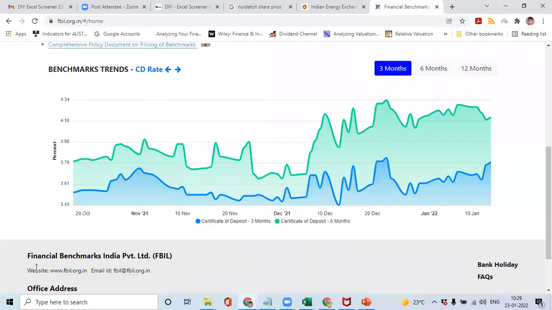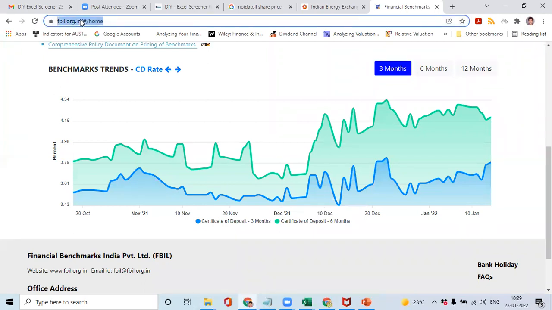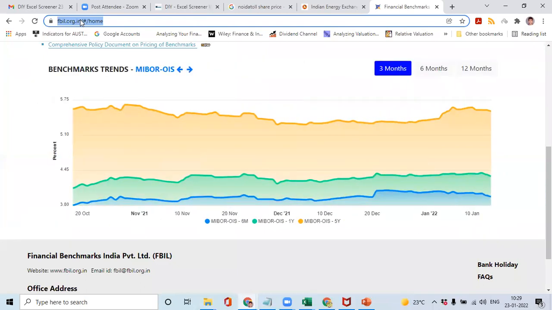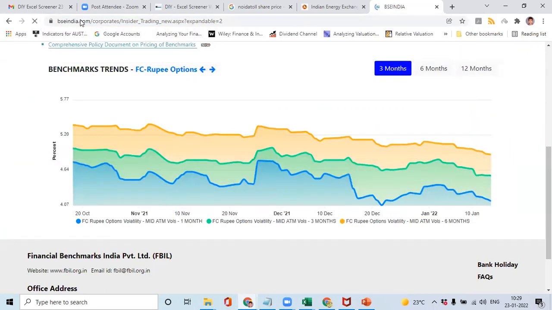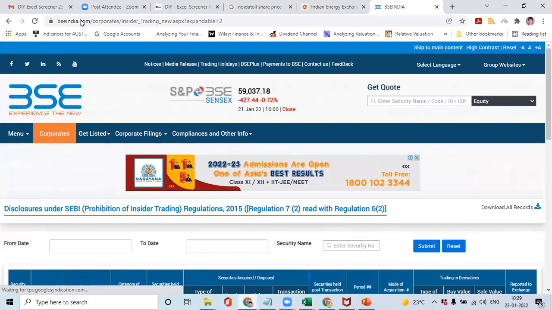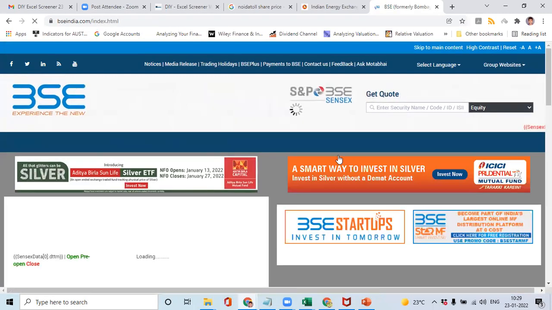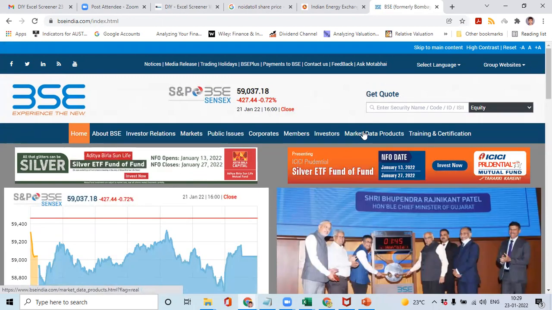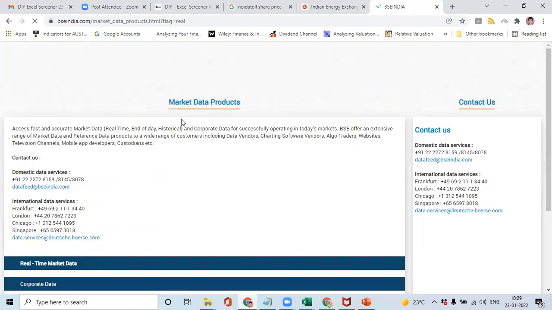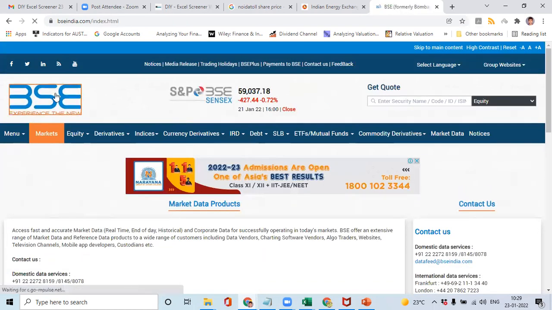Just say, for example, I will calculate the same investment returns for TCS. TCS I'm taking because it's a personal story of mine.